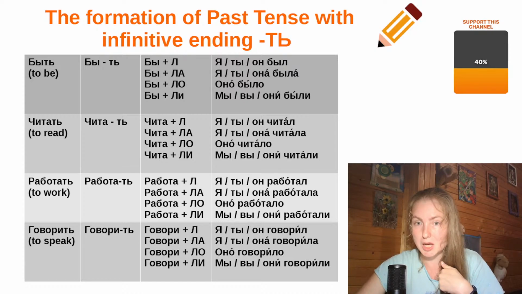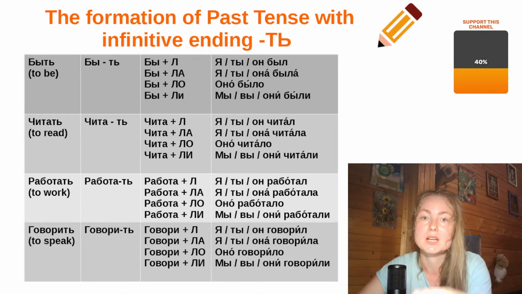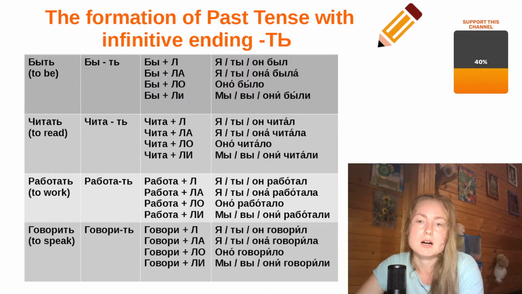Like, as I will talk about myself, I will tell you «я была». «Ты была» I address to a woman, because «ты была» also is a feminine form. «Она была», she was. Okay. «Оно было», it was.